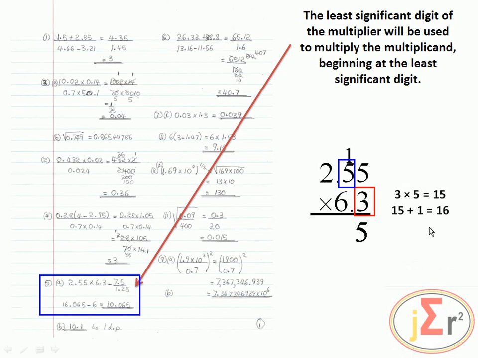Therefore, it is 16 that we are using. So write 6 of the 16 and carry 1 to the more significant column. Then finish up by saying 3 2's 6, and 6 plus 1 is equal to 7, and 7 goes right there.